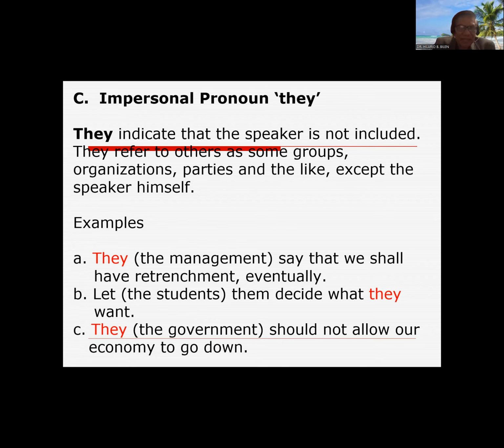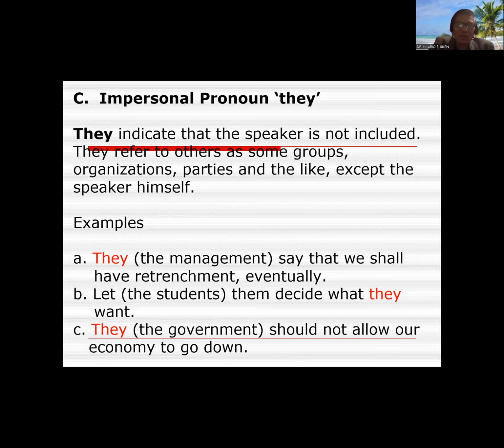They indicate that the speaker is not included. So you have to check this. They indicate that the speaker is not included. They refer to others as some groups, organizations, parties, and the like, except the speaker himself.